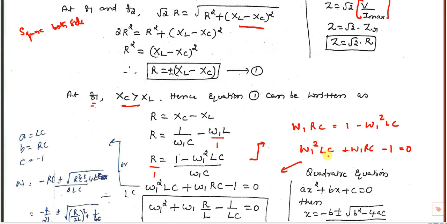So a value is LC, b value is RC, c value is minus 1. The root of the quadratic equation is given by minus b plus or minus root of b square minus 4ac, over 2a.